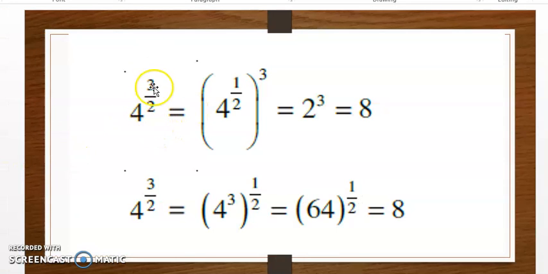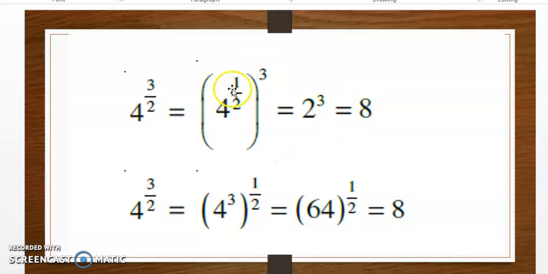4 to the power 3 by 2. So 3 by 2 can be written as 1 by 2 into 3, or 3 into 1 by 2. So that will be 4 power 1 by 2 the whole power 3. 4 power 1 by 2 is the square root of 4, which is 2, and that 2 the whole cube is 8.